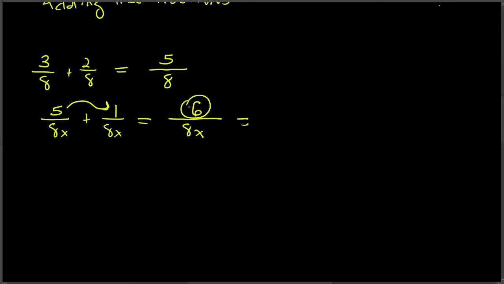But notice I have some factors I need to deal with. 6 is 2 times 3, and 8 is 2 times 2 times 2. So one of the 2's in 2 times 3 is going to go away, and one of the 2's in 2 times 2 times 2 is going away. In other words, I have 3 over 4 times x.